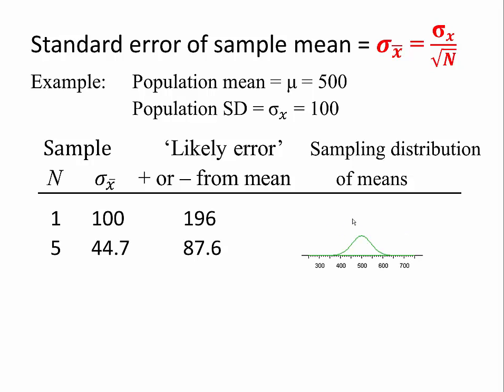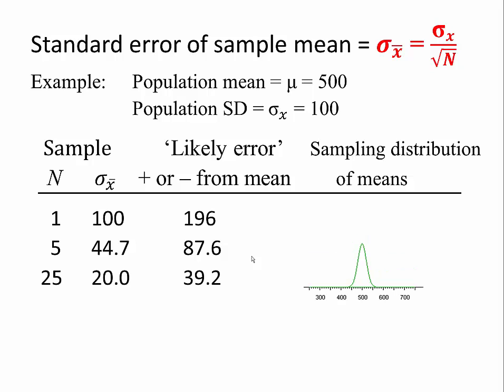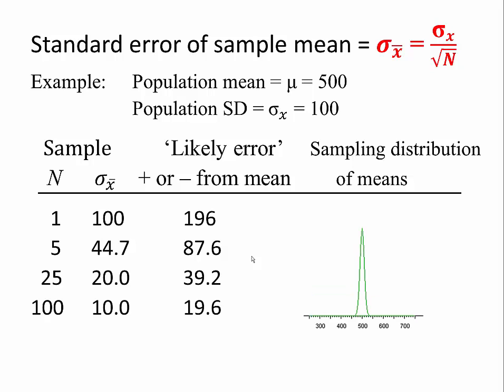Sample of 5 gives us the standard error of 44.7, which is a likely error then of 87.6. That is 1.96 times the 44.7. When n is 25, the likely error is 39.2, and when n is 100, the likely error is only 19.6.